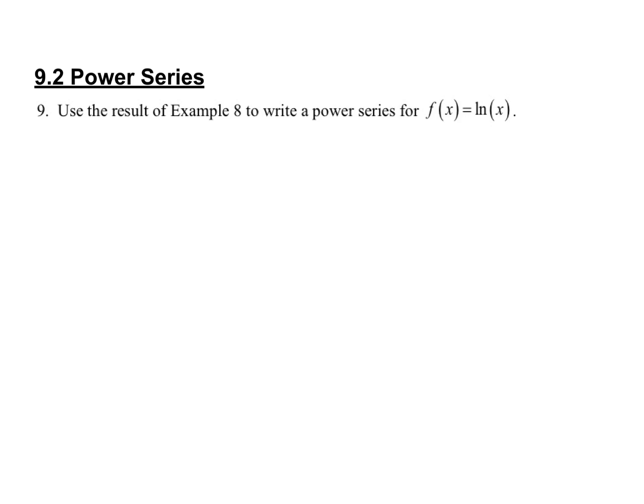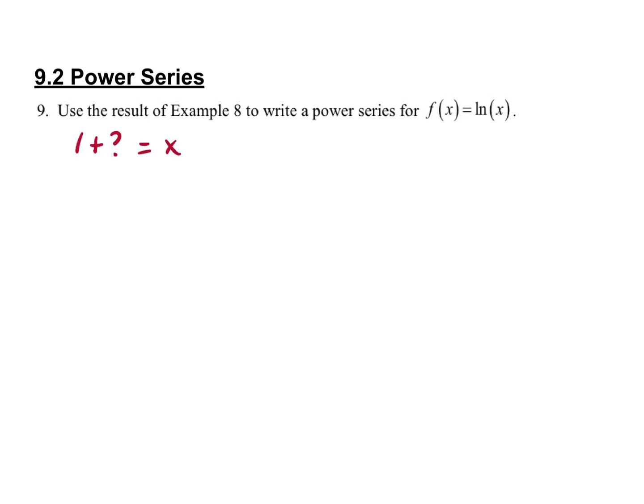So we're going to use this to come up with the natural log of x power series, right? Essentially what I need to figure out is, since on the last problem we found it as 1 plus x, what we want is that 1 plus x to just equal x.